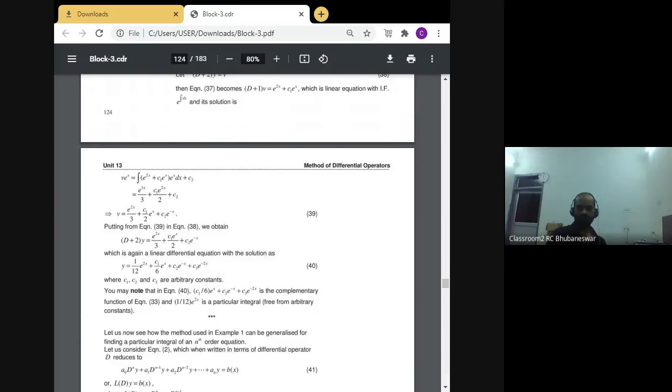First we used D plus 1, then D plus 2, then D minus 1, to find the solution of the differential equation in three different stages, and at each stage we calculate through the integration process.